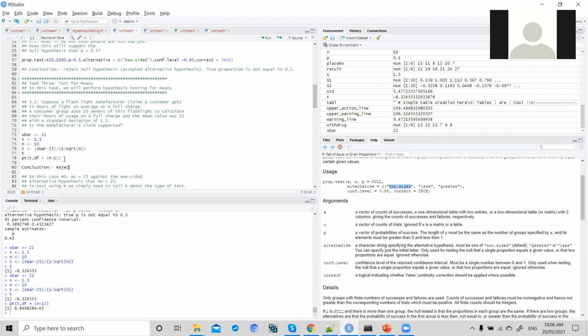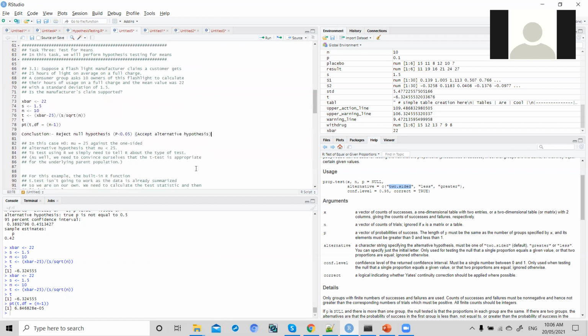The conclusion will be we reject the null hypothesis and accept the alternative hypothesis, because the p value is less than 0.05.